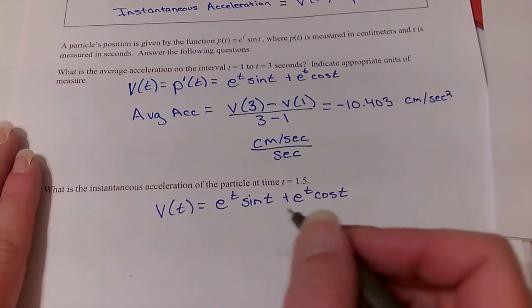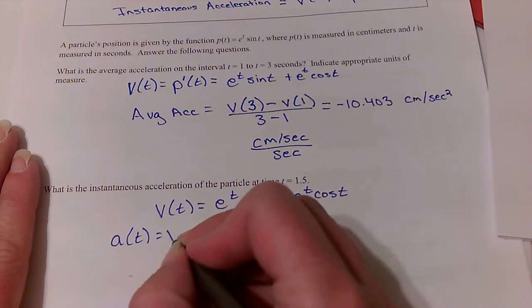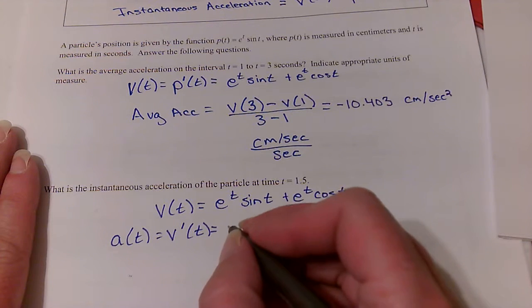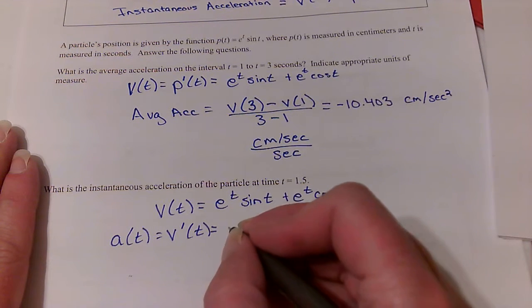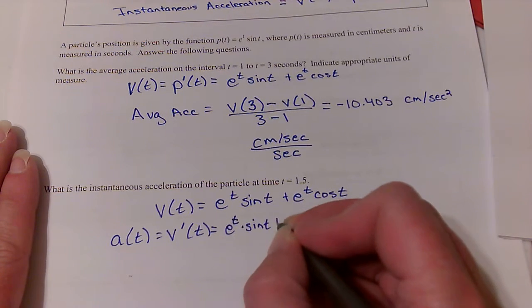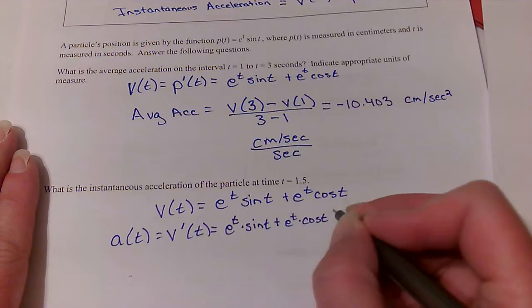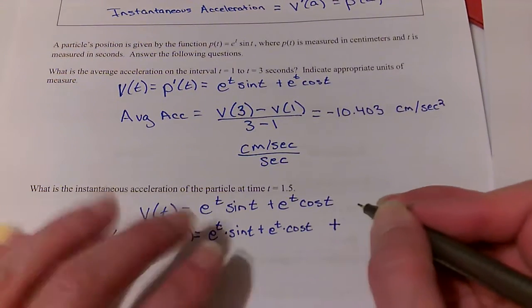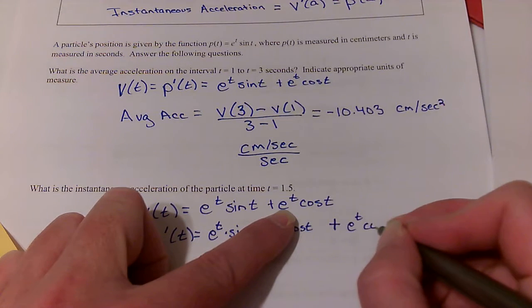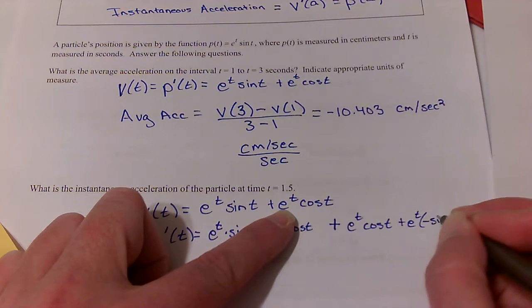If I wanted to find instantaneous acceleration, I'm going to take the derivative of velocity, which would give me derivative of the first times the second plus the first times the derivative of the second, plus, now I'll take the derivative of this term, derivative of the first times the second plus the first times the derivative of the second.